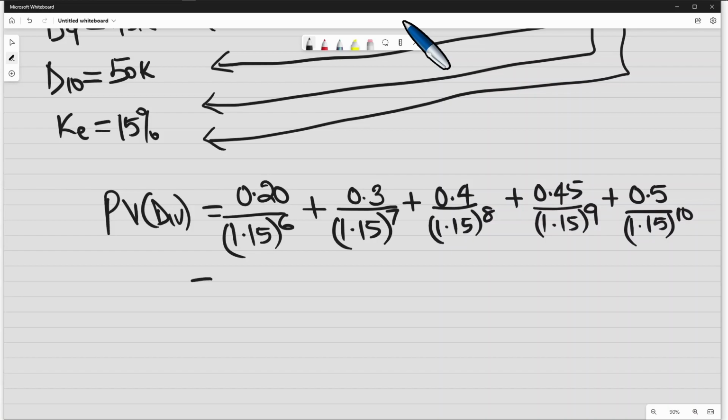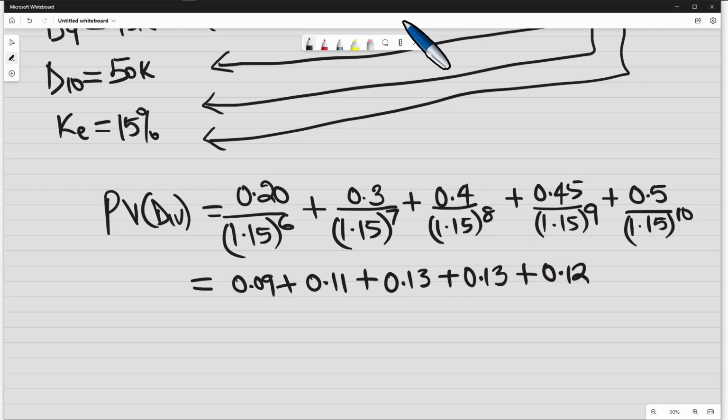If we find these values, this will give us 9 kobo, this will give us 11 kobo, this will give us 13 kobo, this will give us 13 kobo, and the last one will give us 12 kobo. So if we add them, our present value of those dividends is 58 kobo. So this is the first part of our answer.